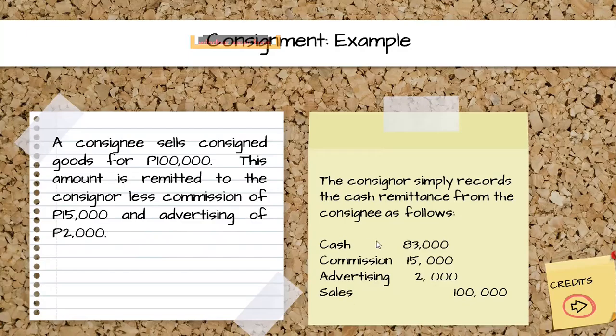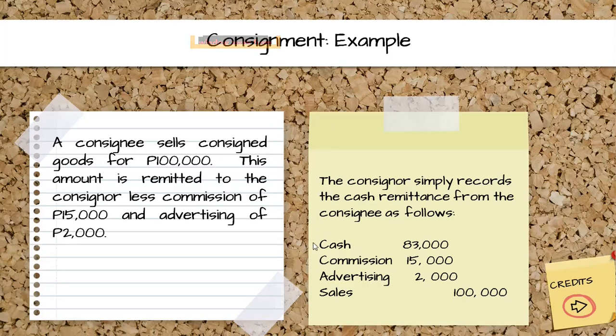So you debit cash of 83,000. Commission, which is an expense, 15,000. Advertising, also an expense, 2,000. And a credit to sales of 100,000, which should be indented. So, that's for the part of the consignor.